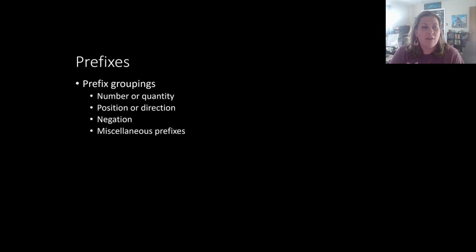When we talk about negation, a lot of times you add a in front of the word, or an, and that means not or without. When you say it's asymptomatic, it means it doesn't have symptoms, it's without symptoms. Afebrile means without a fever. This is a big deal when we put things in front of words, like asexual means without sex.